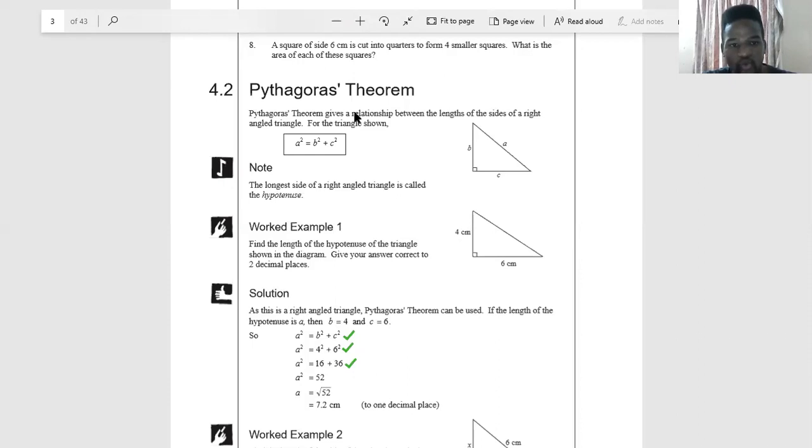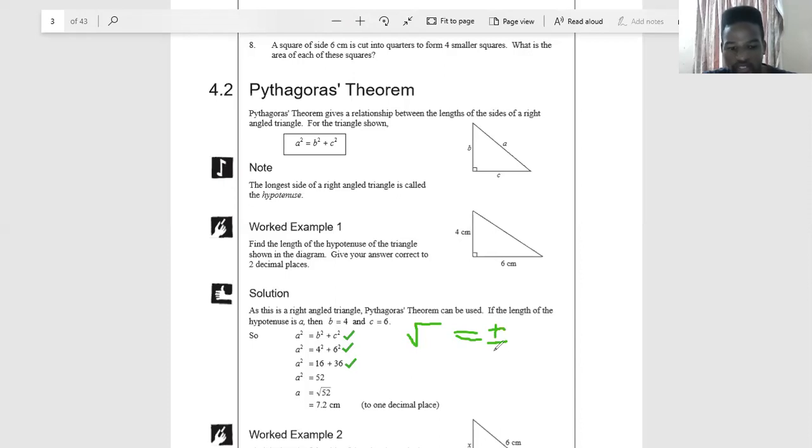But remember what I told you, guys. I told you that always when you remove a square, your answer will be plus minus. But in this case, there's no way on earth you will have a side that has a negative answer. You'll never get a side that is negative.